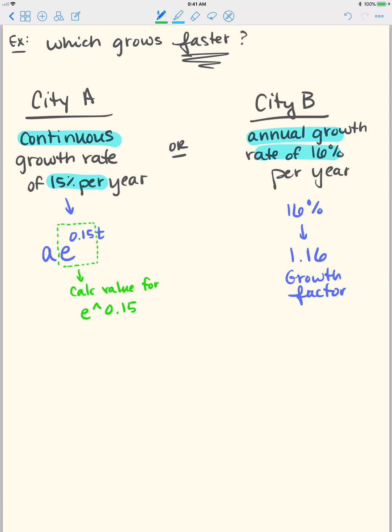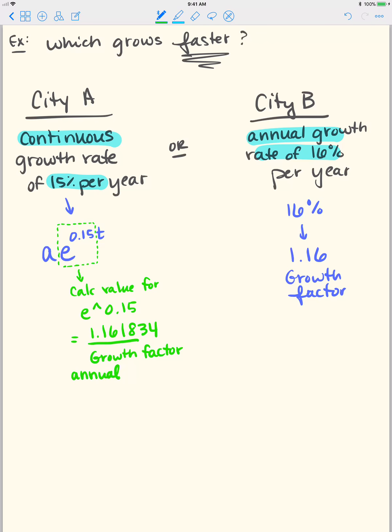So if I raise e to the 0.15 power, I get the number 1.161834. The decimal goes on and on. But that's the comparable annual growth factor for the continuous growth rate of 15%.